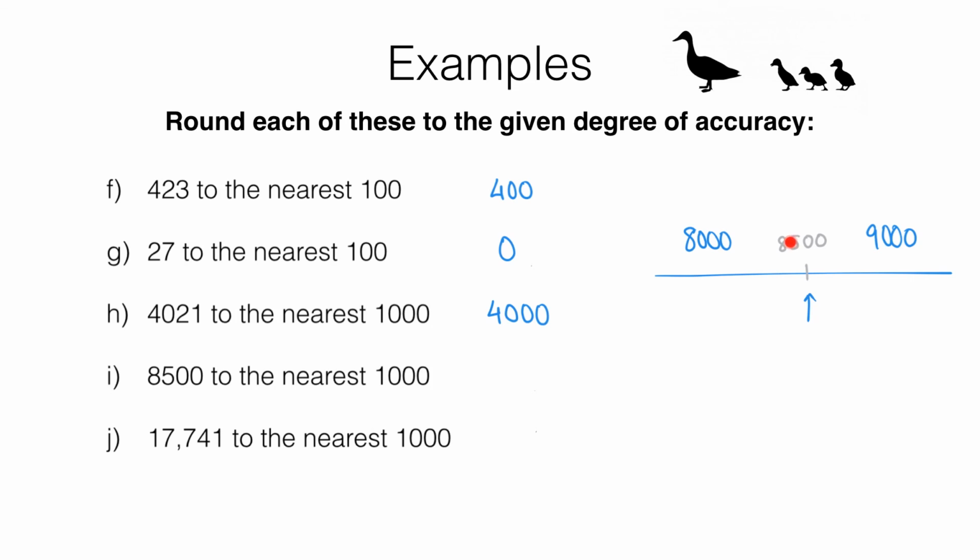Well, it's actually equally close to 8000 and 9000. It's exactly 500 away in both directions. But remember, we said a few minutes ago, when that happens, mathematicians have agreed that we say it rounds to the one that's above. So we round it up. And that means in this case, we say 8500 rounds to 9000.